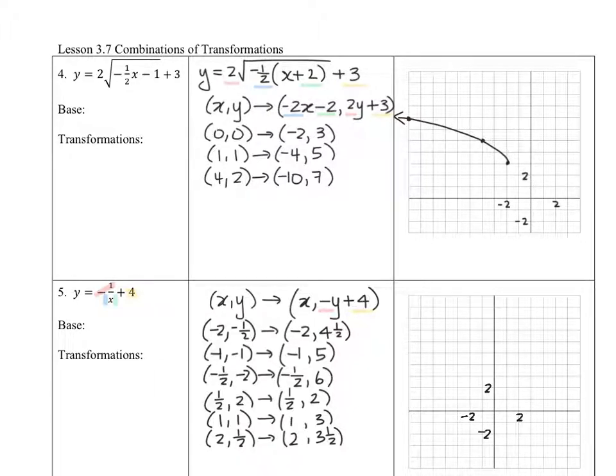Okay. So (-2, 4.5), (-1, 5), (-0.5, 6), and we have (0.5, 2), (1, 3), and (2, 3.5).